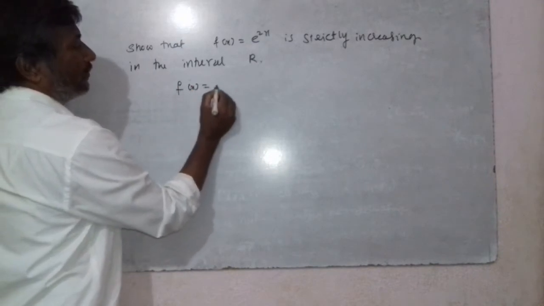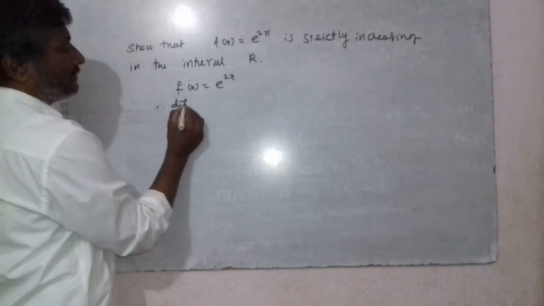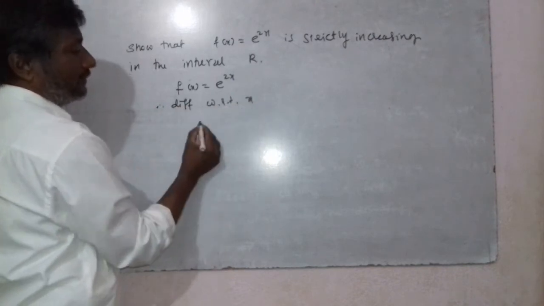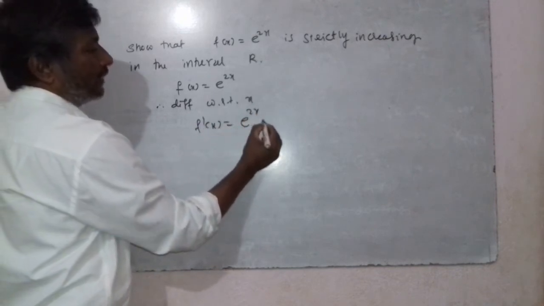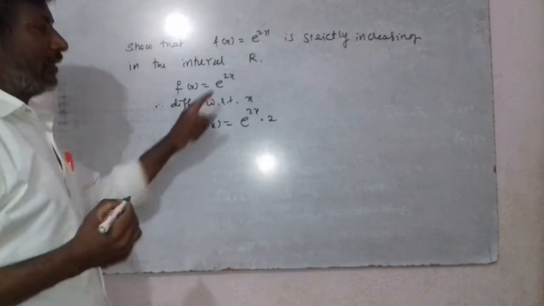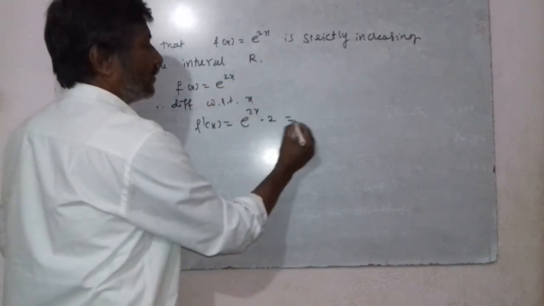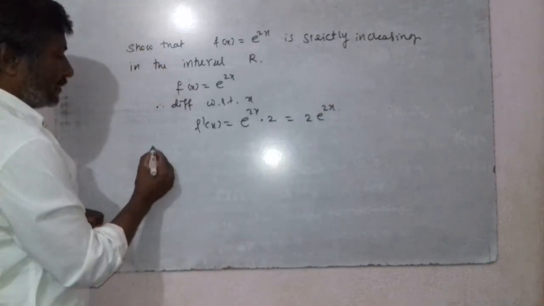f x equal to e raised to 2x. Therefore differentiate with respect to x. f dash x equal to e raised to 2x into 2. It is a composite function, so this is equal to 2 e raised to 2x. So first case.